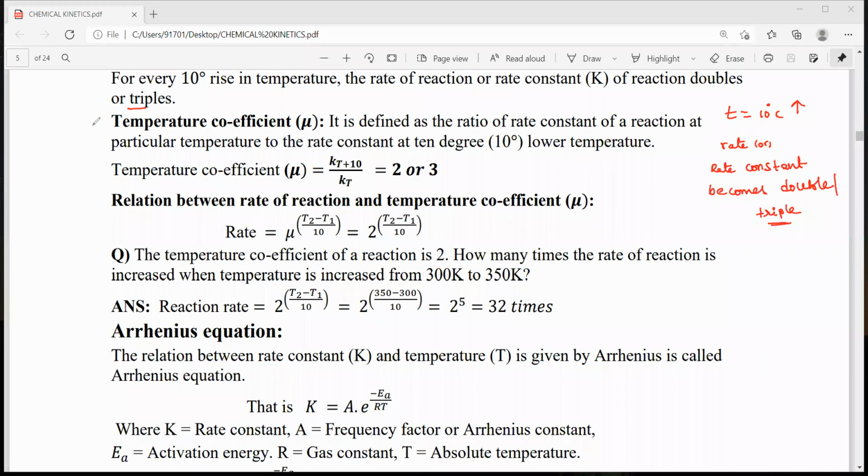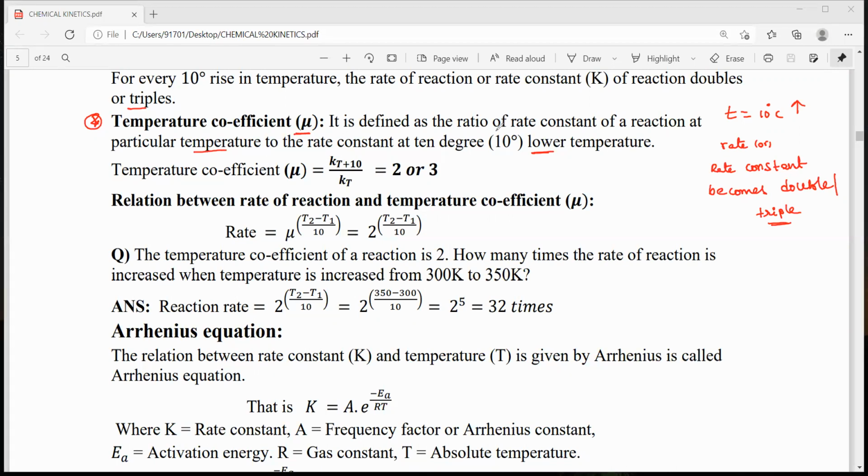Okay, now what is temperature coefficient? Temperature coefficient is represented by nu. It is defined as the ratio of the rate constant of a reaction at a particular temperature to the rate constant of the reaction at a temperature 10 degrees lower. Meaning the temperature coefficient is defined as the ratio of the rate constants at 10 degrees centigrade above a certain temperature and at that certain temperature.